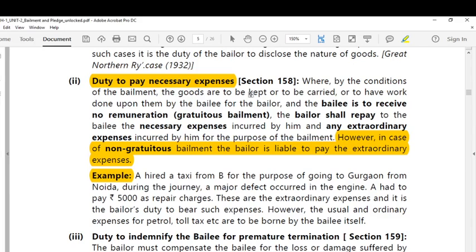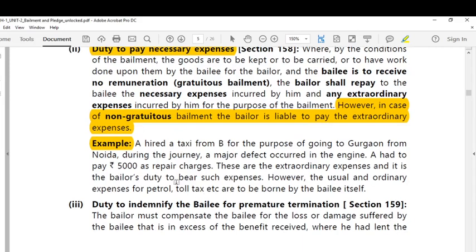If the gratuitous bailment of goods happened for the exclusive benefit of the bailee, in such a case, necessary expenses are not required to be paid. Only the extraordinary expenses incurred by the bailee should be paid by the bailor. So the duty to pay necessary expenses is the second duty of a bailor. Let us see the example where you will understand better.